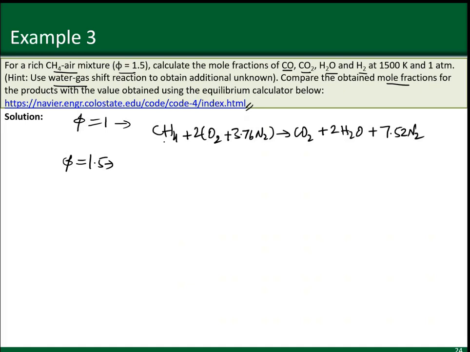So when you want to increase the equivalence ratio to 1.5, basically you simply multiply the fuel side by the equivalence ratio in this case, right? So here the air remains the same, we are just increasing the fuel. So the equation would look something like this, right?